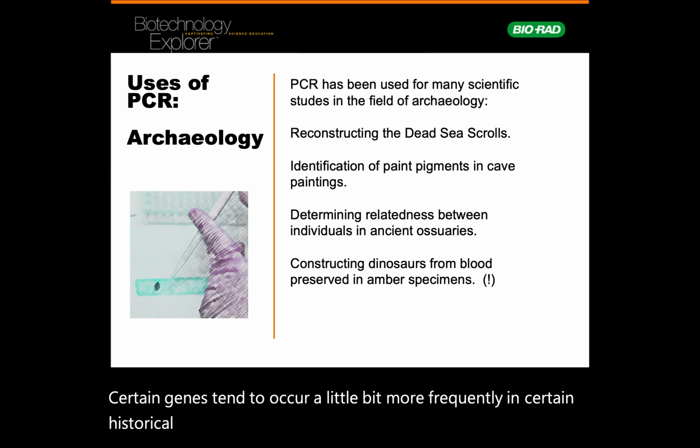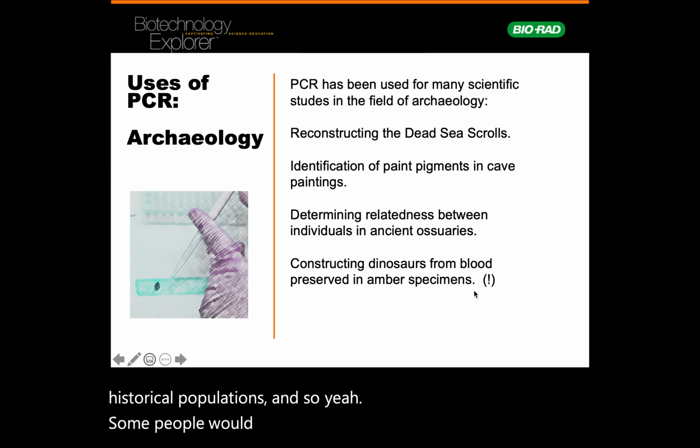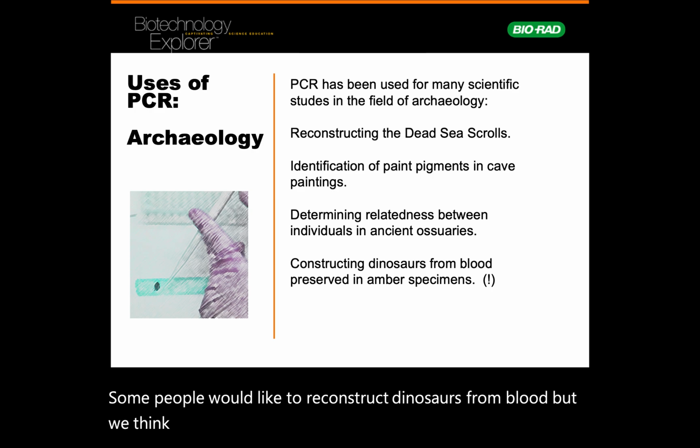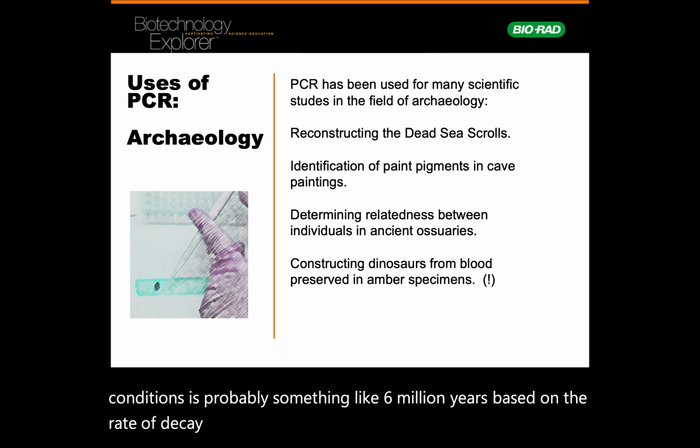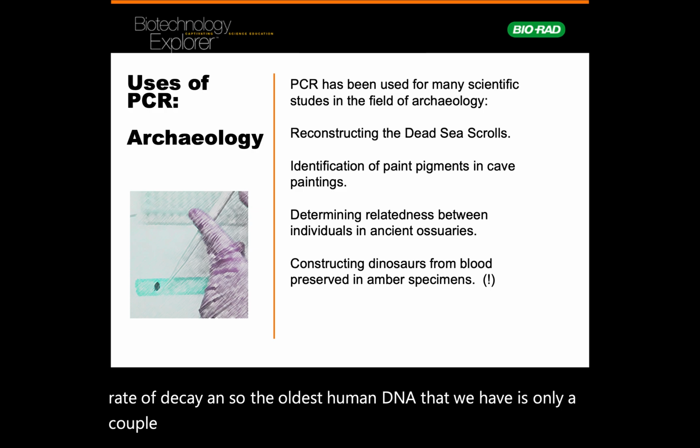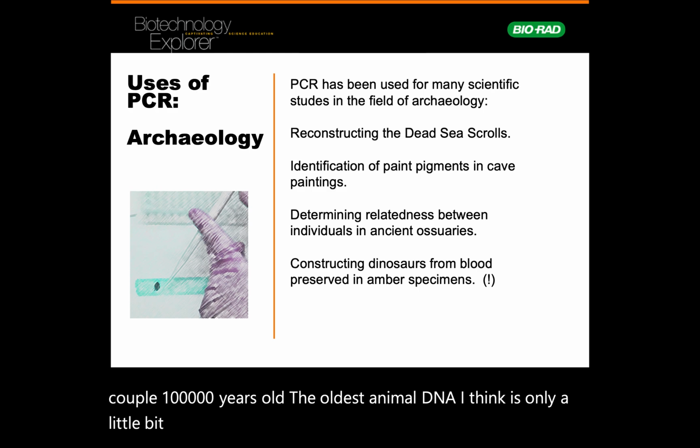Some people would like to reconstruct dinosaurs from blood, but we think the longest the DNA can survive under optimal conditions is probably something like 6 million years based on the rate of decay. And so the oldest human DNA that we have is only a couple of 100,000 years old. The oldest animal DNA, I think, is only a little bit older than that, a few 100,000 years old.